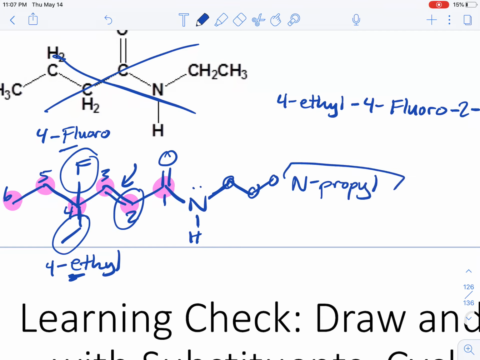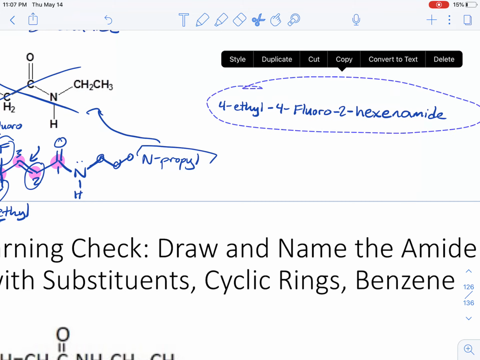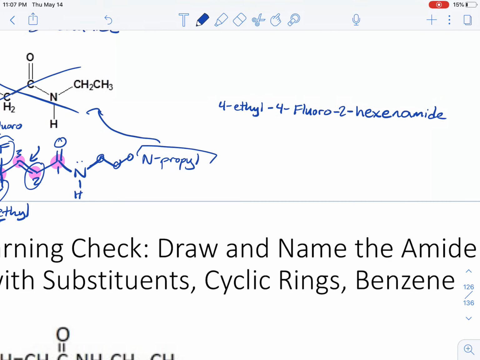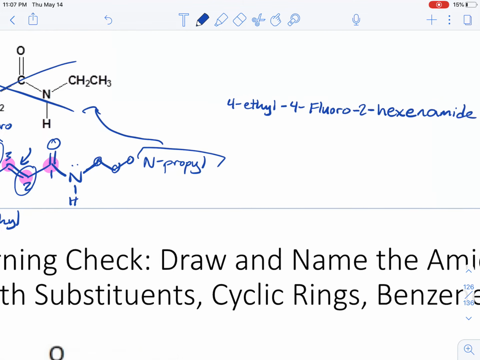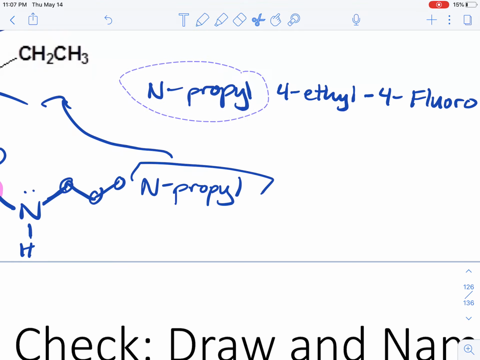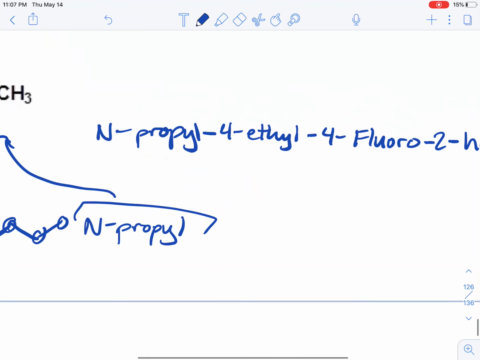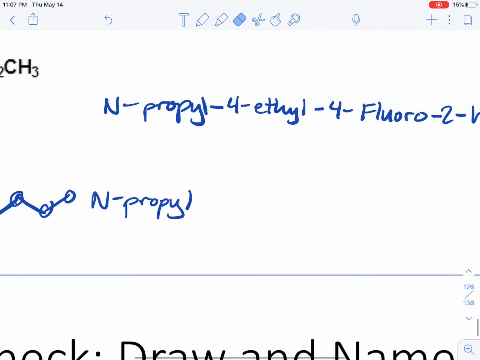And all of this needs to be placed in the very front. So I'm going to move this name a little bit further to the right, and I'm going to add N-propyl in front of everything.